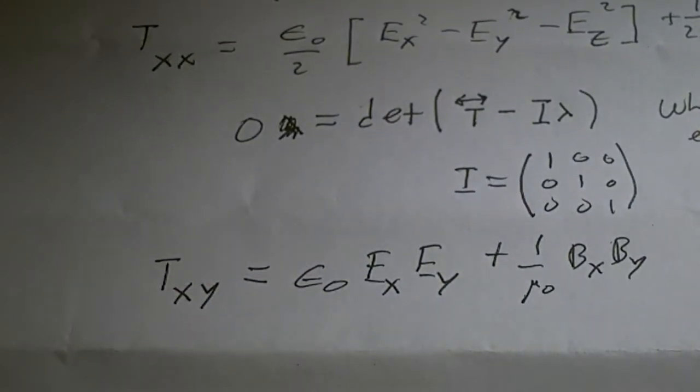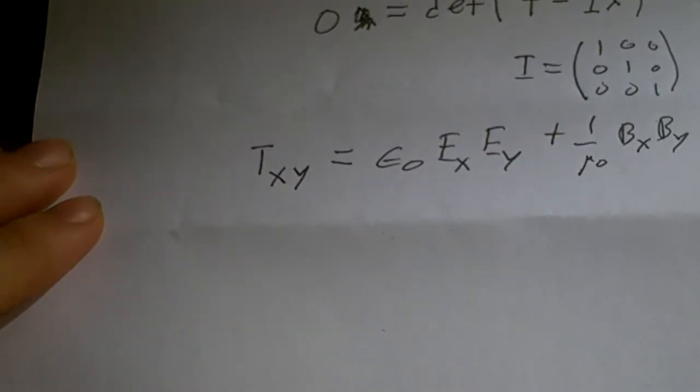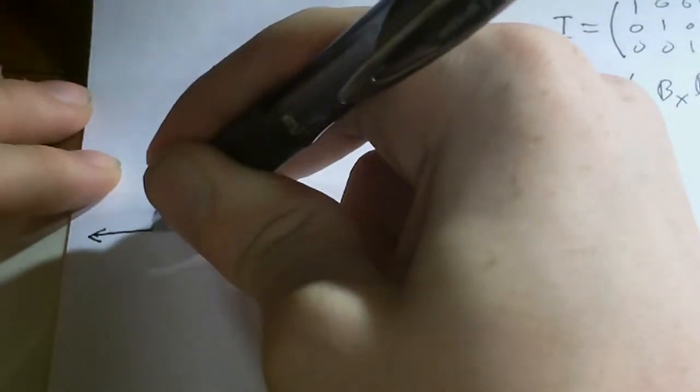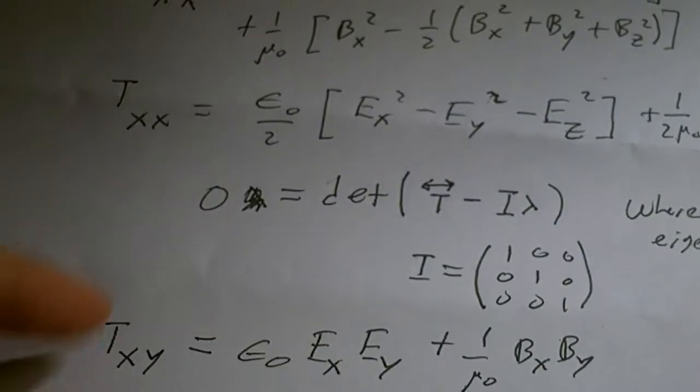So we can make this more general, and you can do the same for any of the other elements. Txy is just an example.